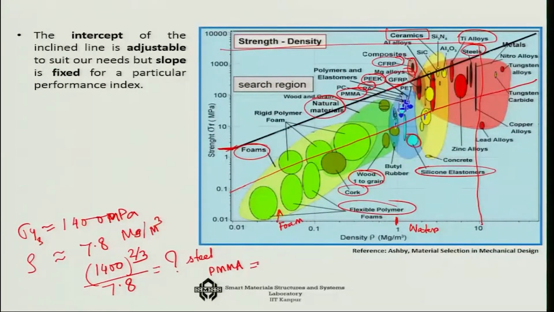For PMMA, if you do the same thing, the maximum strength value we take is somewhere around 40, so 40 to the power 2/3, and if you look at the density, it is less than water, about something like 0.6.